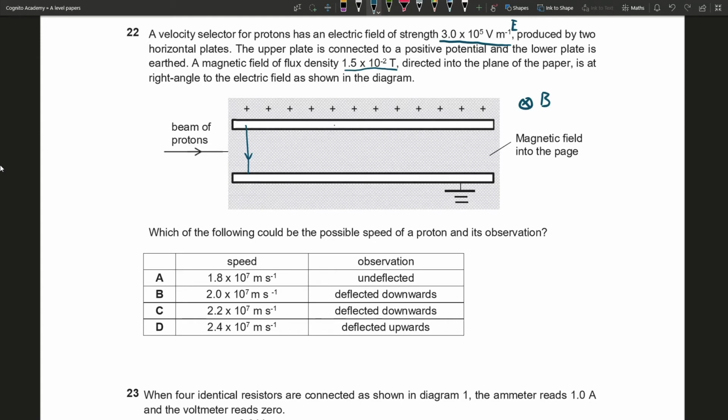Because the beam of protons is traveling to the right, take the current as traveling to the right, with your index finger pointing into the plane of the paper. You realize that the magnetic force is upwards. So this is our magnetic force, and downwards is our electric force.